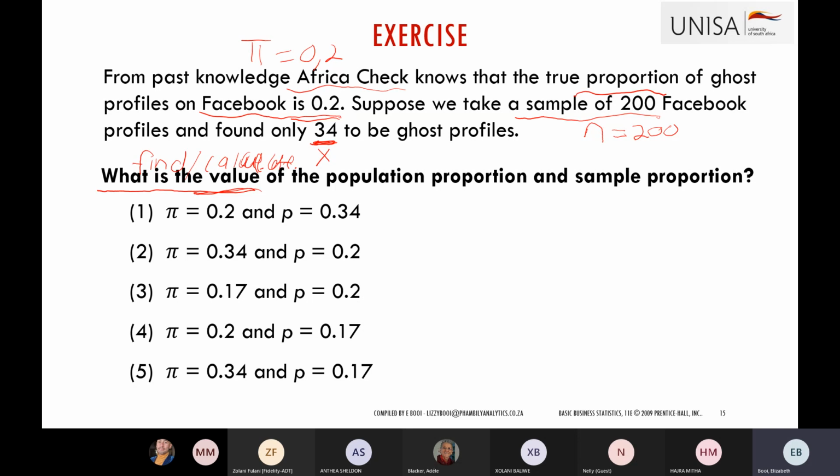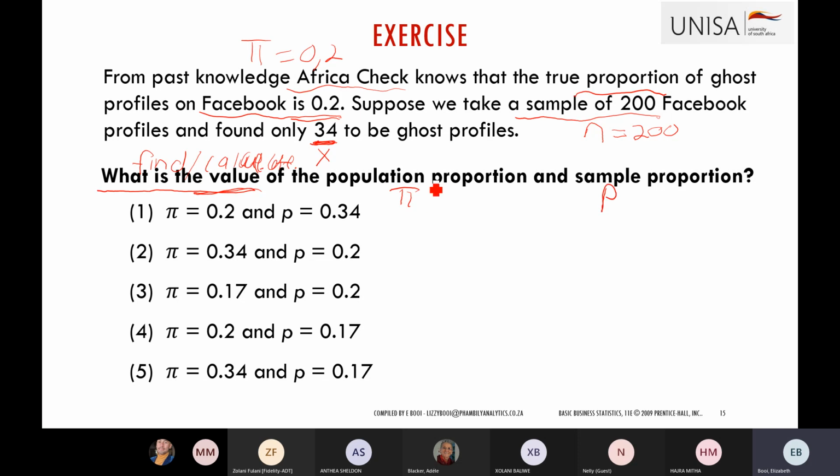What do I need in order to answer this question? Because they're asking for the population proportion, I need to know what my population proportion is, and I need to know what my sample proportion is.